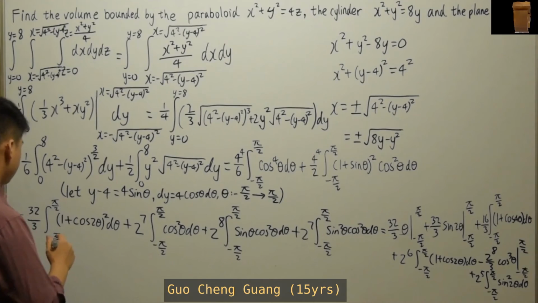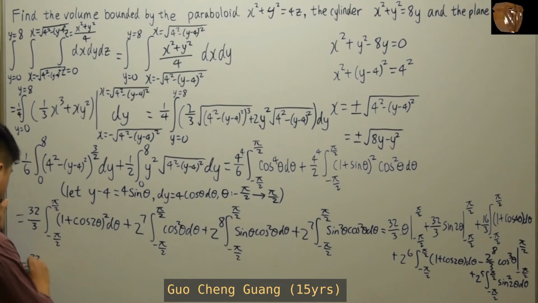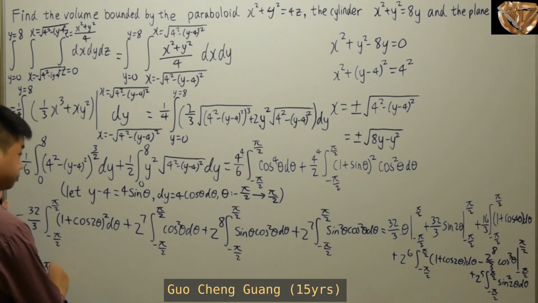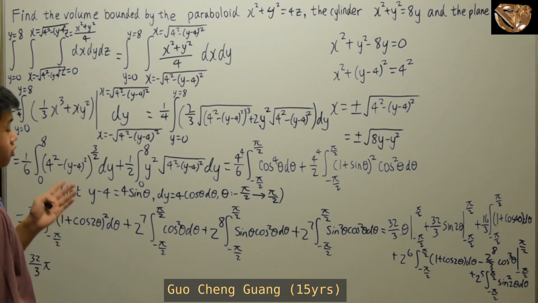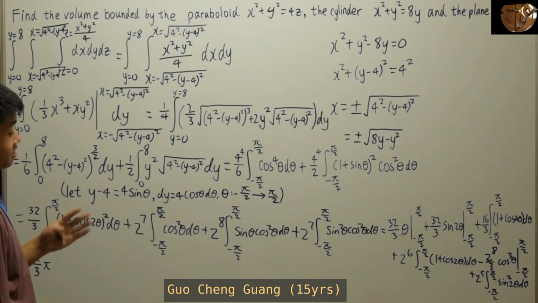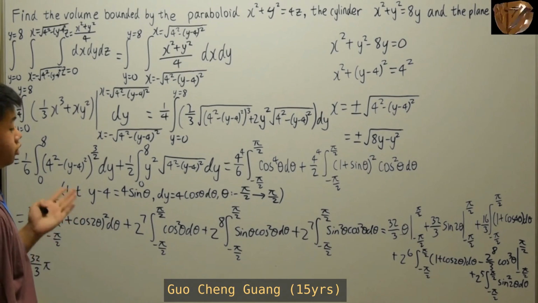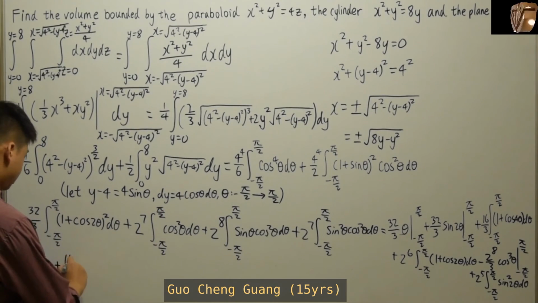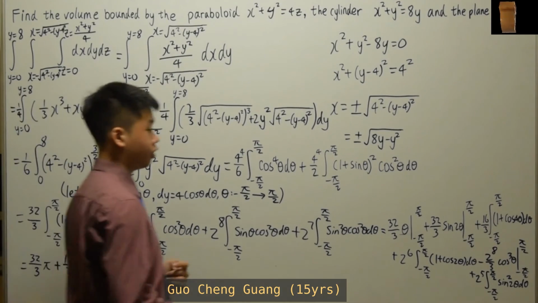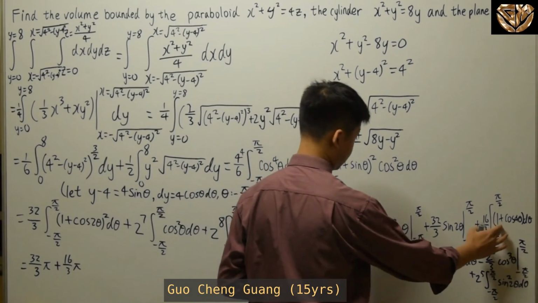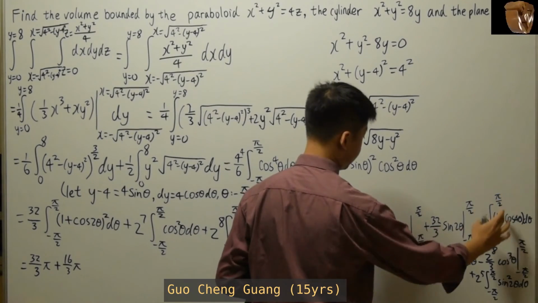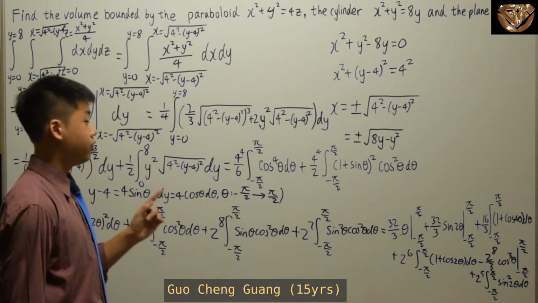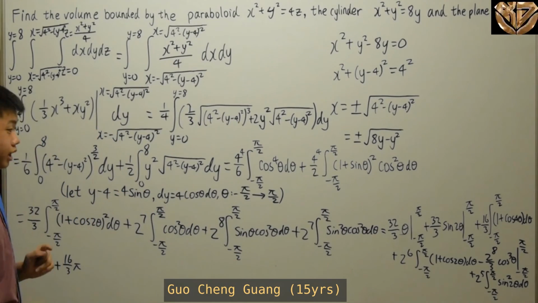Now the first term, you're going to see 32 over 3 pi. In your second term, you're just going to have sine pi and sine negative pi, which both are 0, so you won't have that second term. While in the third term, you're going to have add on 16 over 3 pi, since what we can already tell from the first term, when you have a theta and the boundary is from half pi to negative half pi, it just becomes multiplied by pi to get 16 over 3 pi.